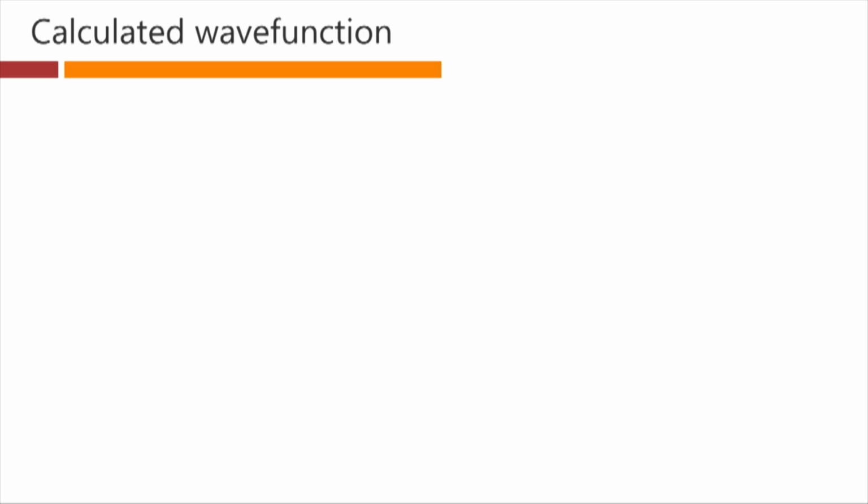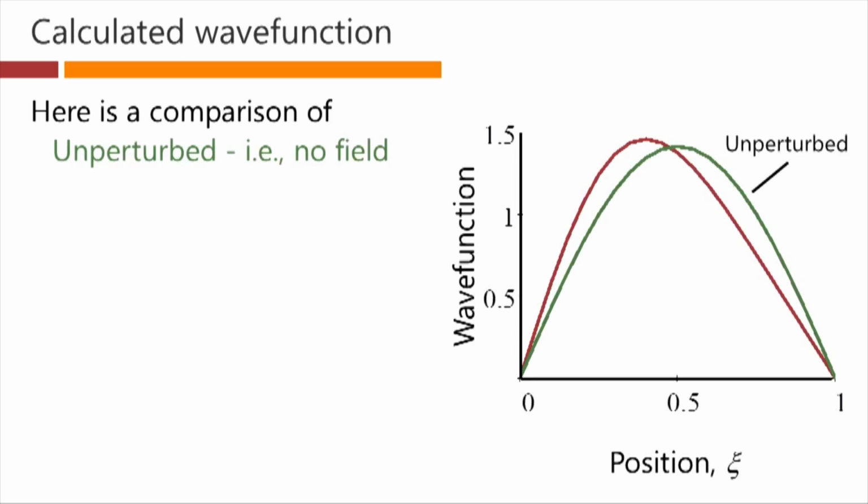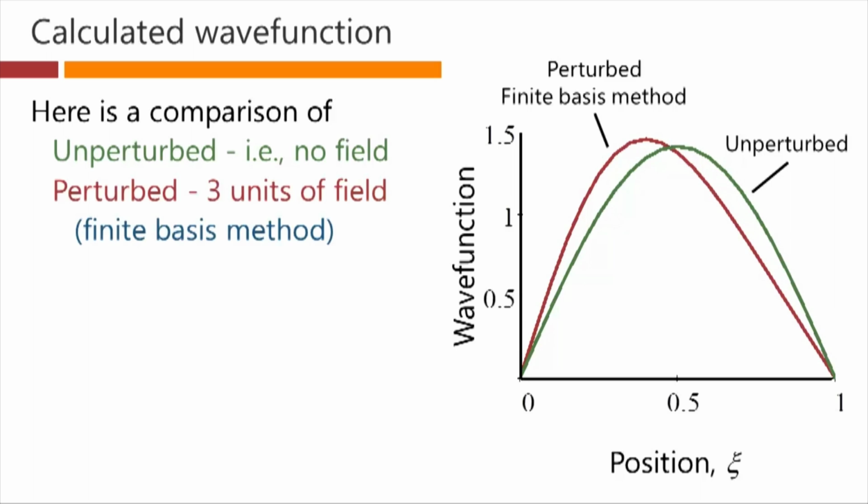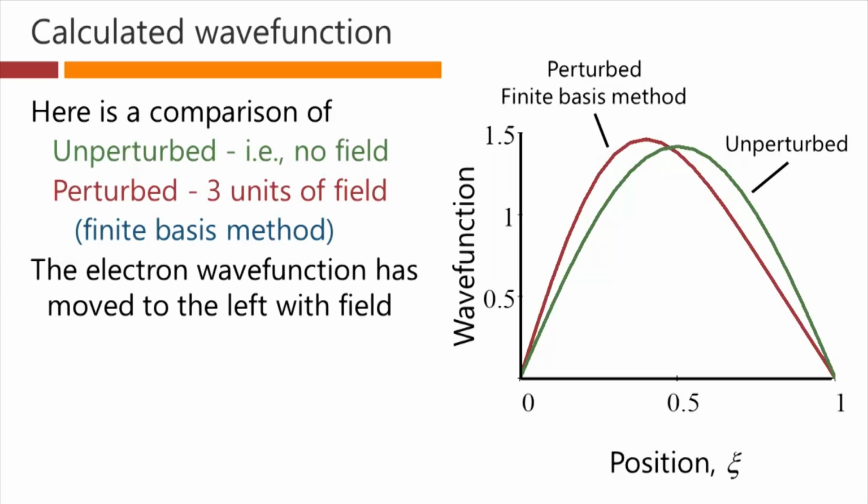We can plot out the wave function. Here's a comparison of the unperturbed wave function, so that's just our sine in the well here, this green one, before we put the field on, with the perturbed one that we get as a result of doing this particular calculation using our finite basis or finite matrix method. That's the red one here.